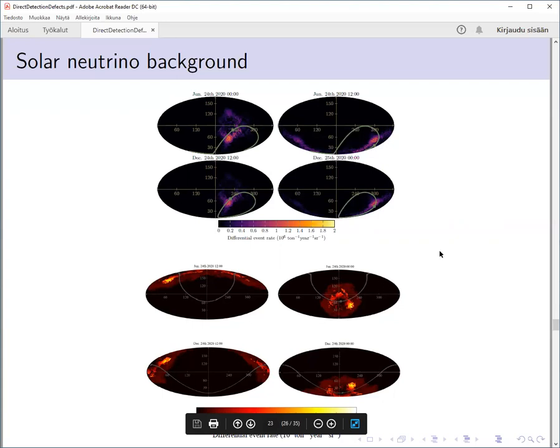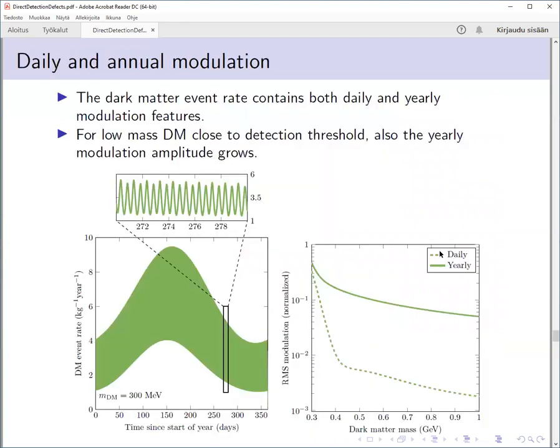So if you could reconstruct the direction completely, then you could separate the dark matter and the neutrino events from each other. Now, with this technique that we have, you cannot separate the direction, but you can try to use this modulation amplitude to identify the dark matter. It will have a different phase than the neutrino rate, because the neutrino is scanning a different part of the crystal than the dark matter.